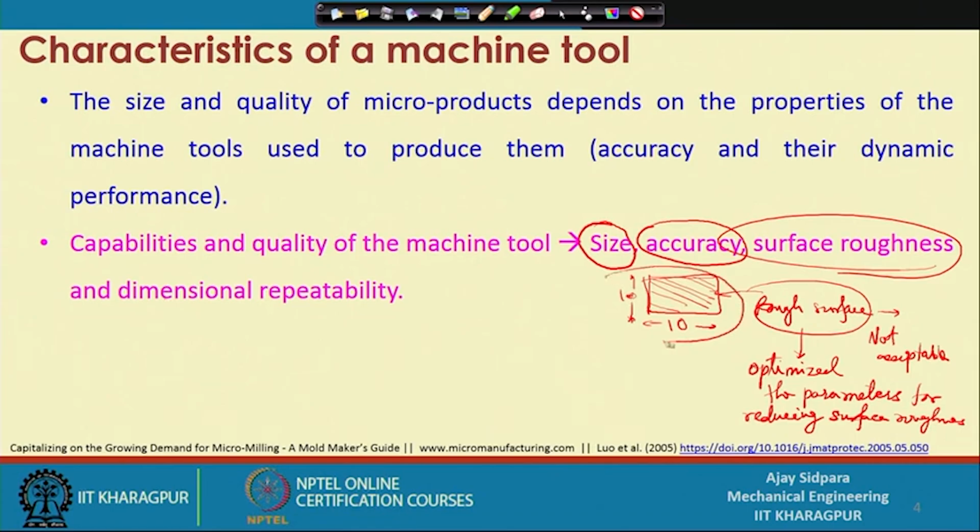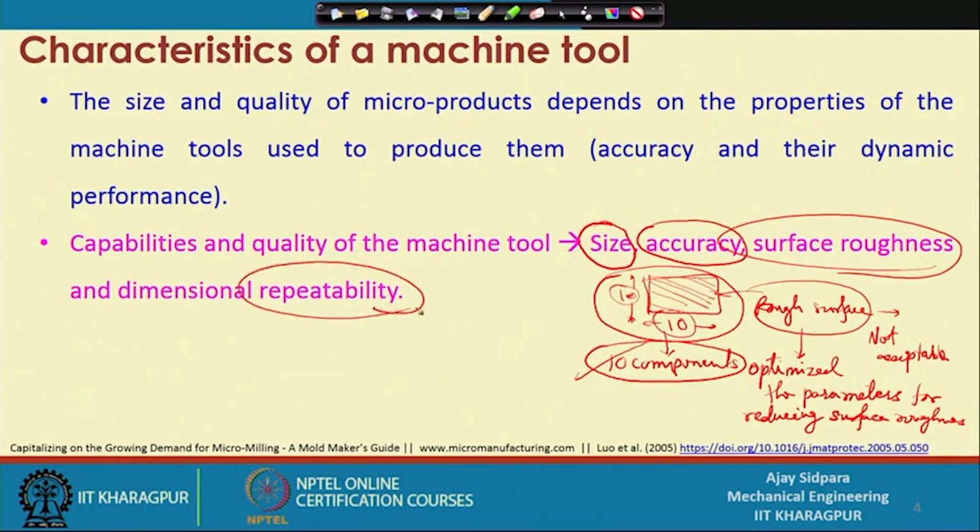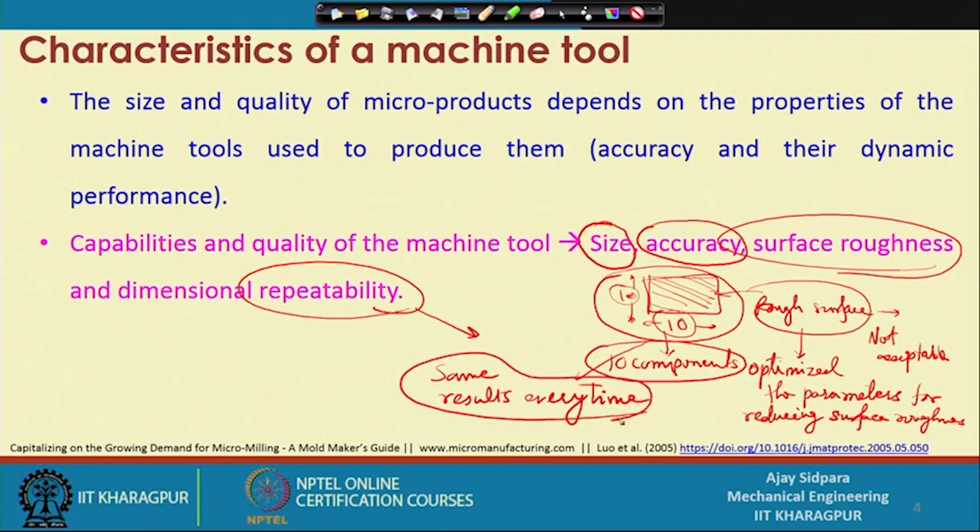Suppose in one component you are getting this dimension, and you want to make 10 components of the same type with similar dimensions. Then are you getting the same dimension or the same result every time? That is given by the repeatability. The same results every time, correct. So, everything is dictated by the responsibility of the different components during machining operation.